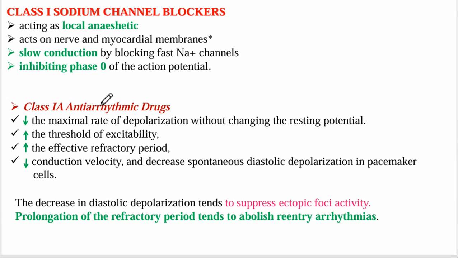These class 1 antiarrhythmic drugs decrease the maximal rate of depolarization without changing the resting potential. They increase the threshold of excitability. The effective refractory period is also increased, and there is a decrease in conduction velocity and in spontaneous diastolic depolarization in pacemaker cells.